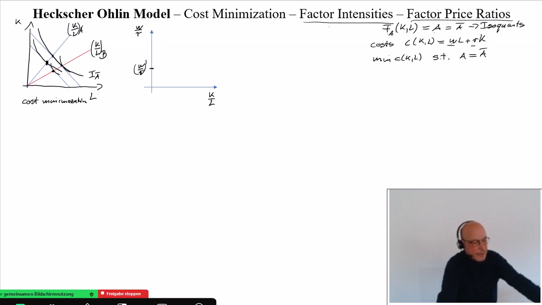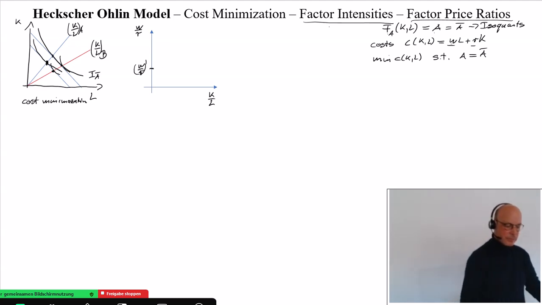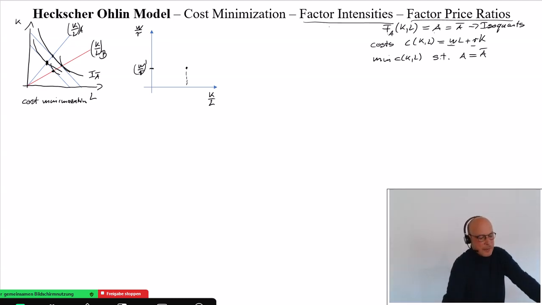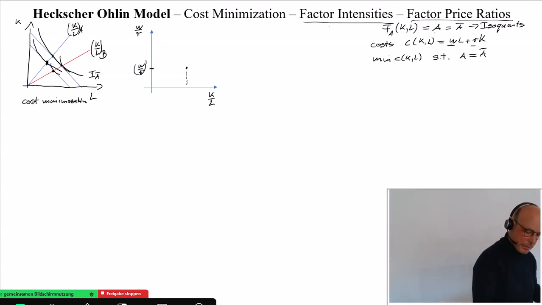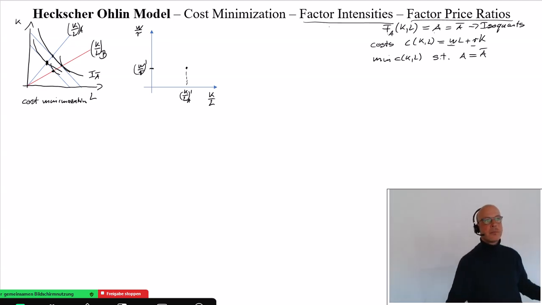Then, given this factor price ratio, this would be then the coinciding capital over labor ratio for good A. Also some number.